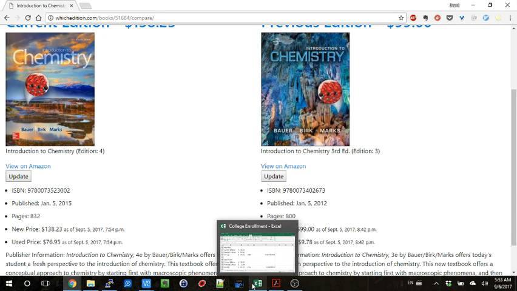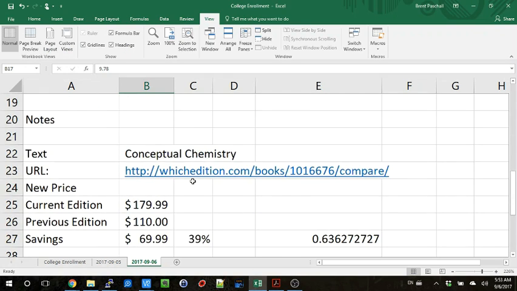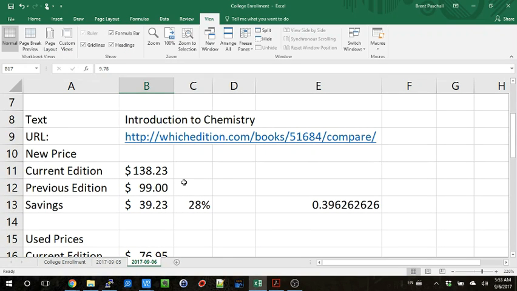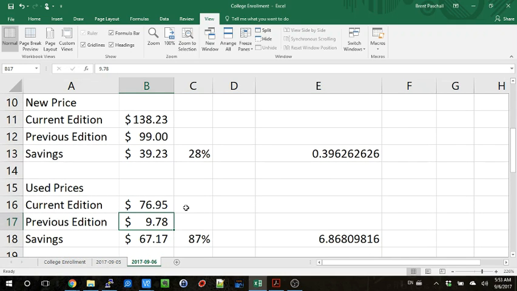If you buy the previous edition of this Introduction to Chemistry class, you'll be saving 28% as opposed to the current edition. And if you're in the market for a used book, you can save 87%, an amazing difference over buying the current edition in the used condition.